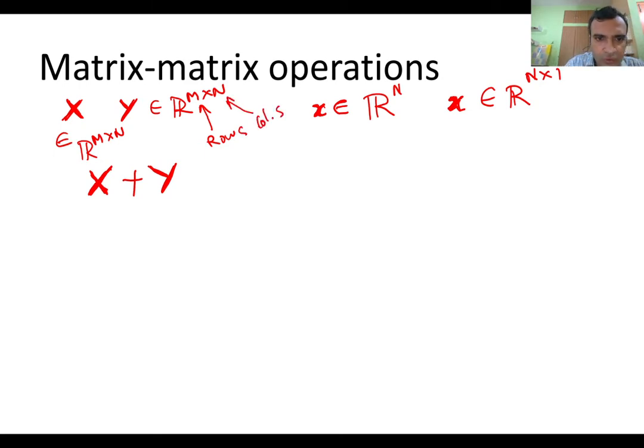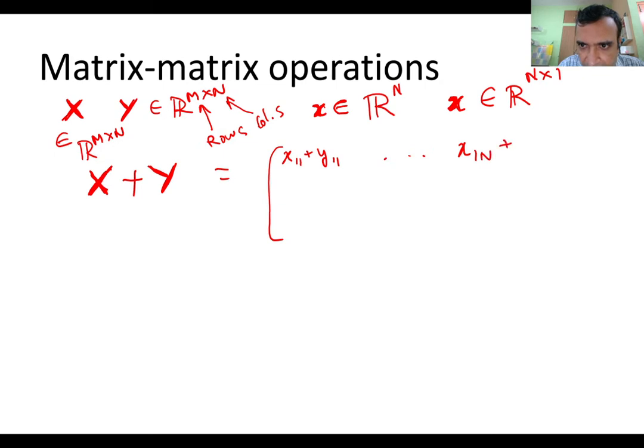So this would be equal to, let's say the matrix X was x11, x12, etc. You will have x11 plus y11, all the way up to x1n plus y1n, which is the first row.